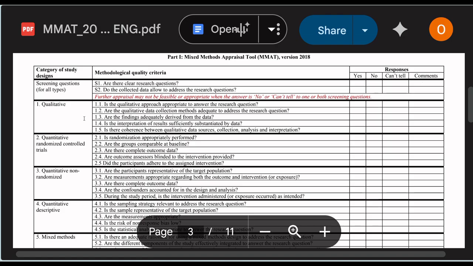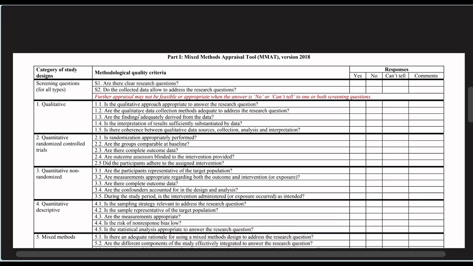Okay? If you want to do a qualitative study, the first question says, is the qualitative approach appropriate to answer the research question? The second one says, are the qualitative data collection methods adequate to address the research question? Three, are the findings adequately derived from the data?